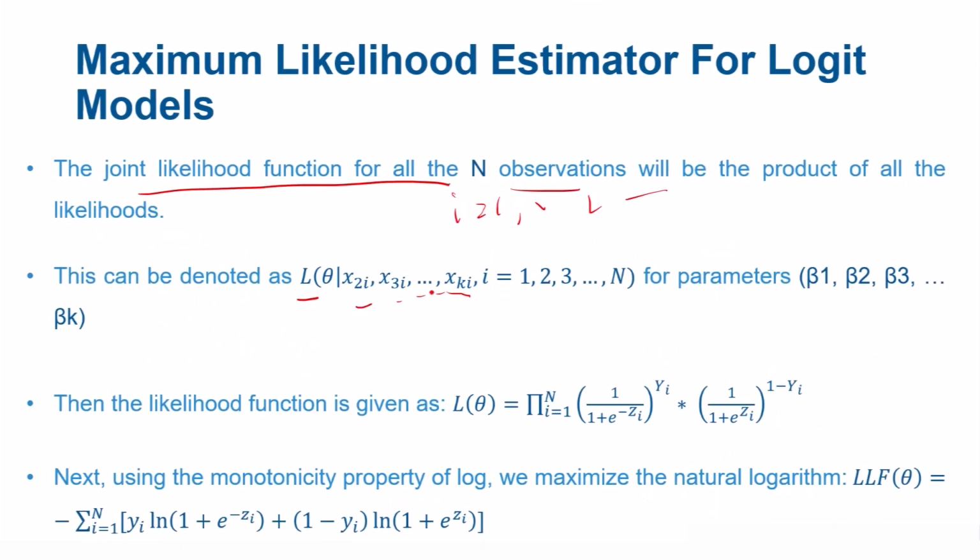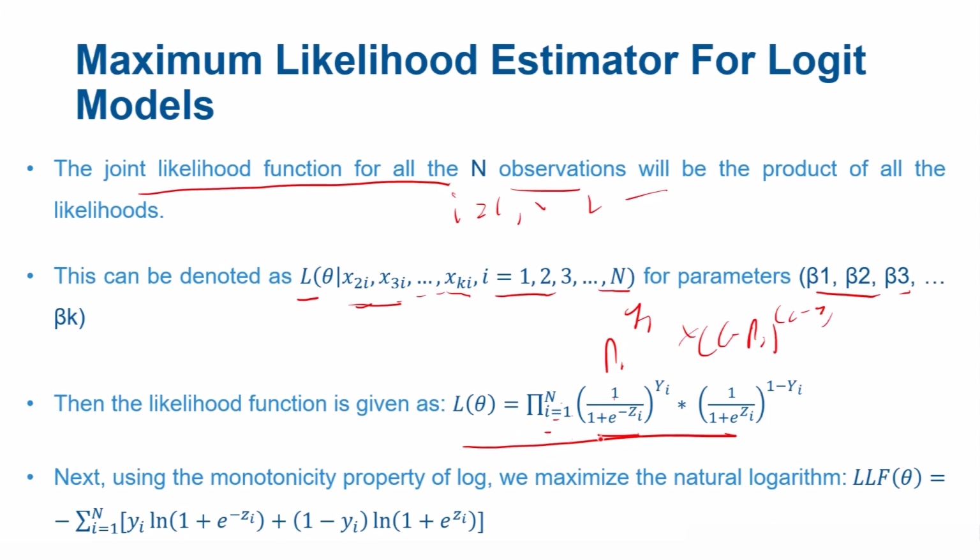Now, for this function, for each value of i equal to 1, 2, 3, and so on, you will get multiple values and parameters beta 1, beta 2, beta 3, and so on. Because this is in multiplicative form, you will get this function: the product of i equal to 1 to n of pi to the power yi into 1 minus pi to the power 1 minus yi.